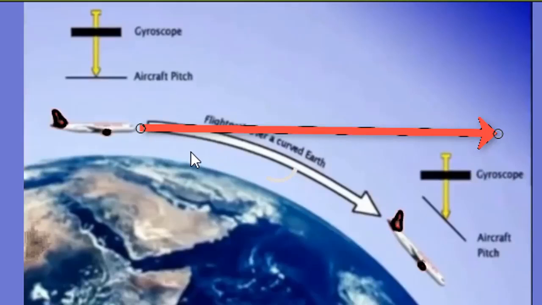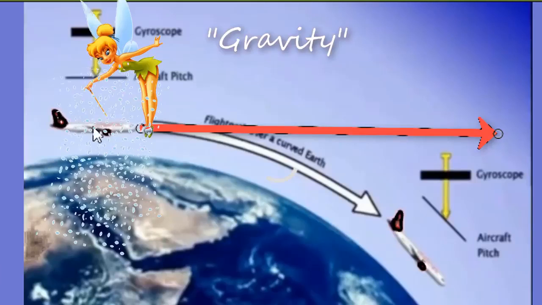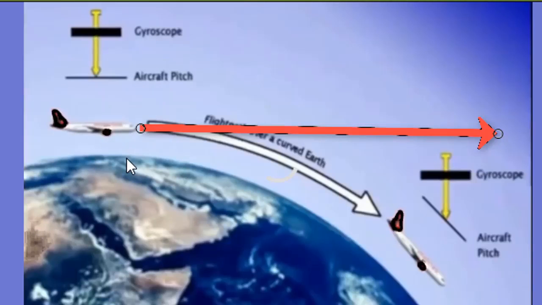Now, the answer given by those who want to believe in the fallacy of the ball is that the ever magical gravity is the reason. Somehow gravity knows that this plane is at 35,000 feet and knows to keep it at 35,000 feet. It has this knowledge. My thing is, how does it not know it's at 40,000 feet?